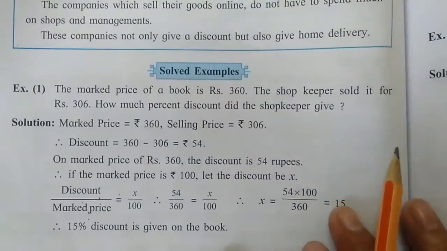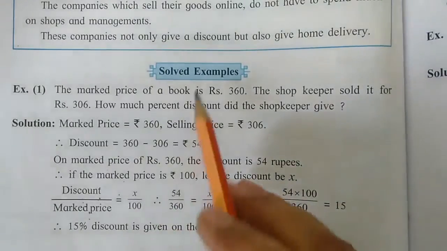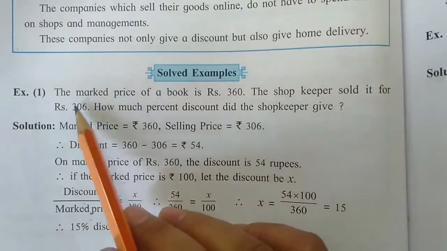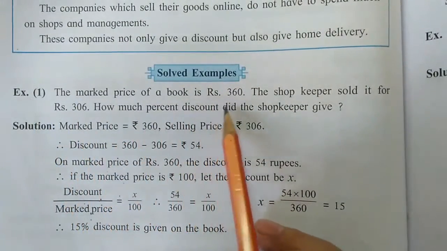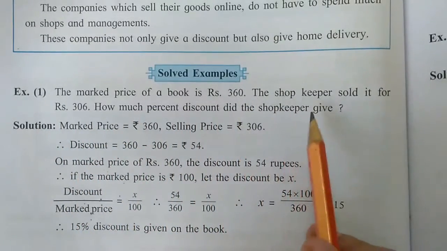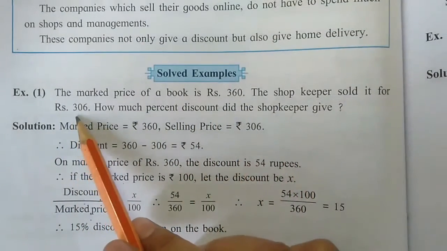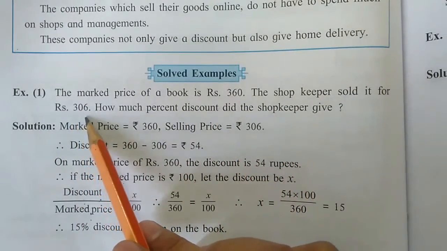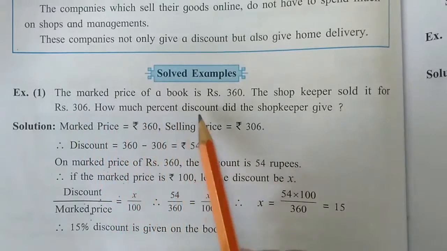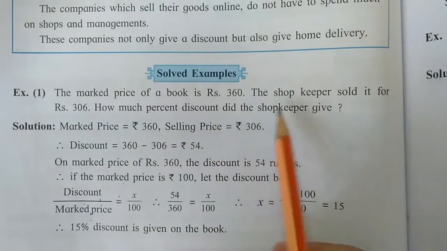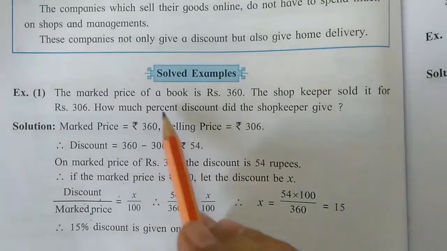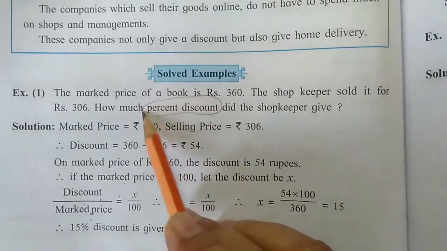So see the solved example given in your textbook. The mark price of a book is rupees 360. The shopkeeper sold it for rupees 306. How much percent discount did the shopkeeper give? So discount in percentage is asked.